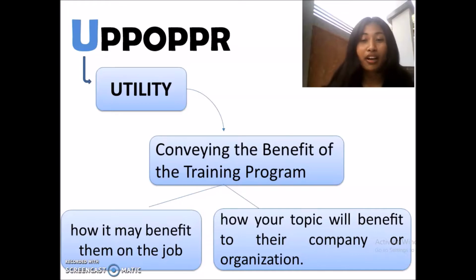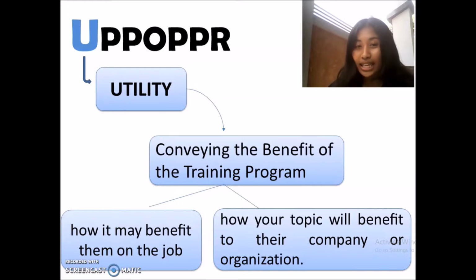Ideally, this step should cover 3 unspoken questions on the audience's mind. First, what's in it for me? The second one is, how useful is the information to my job? The third one is, how does the information benefit my company?